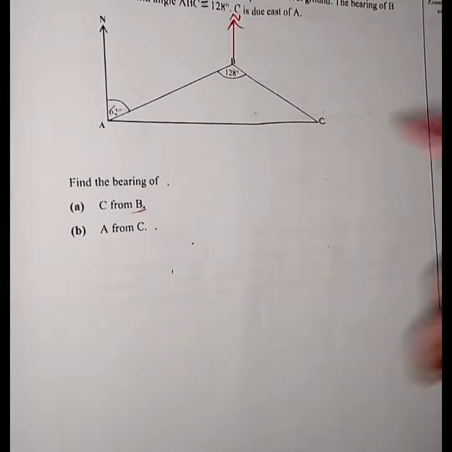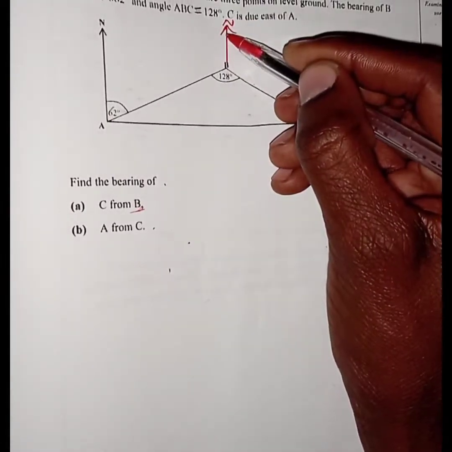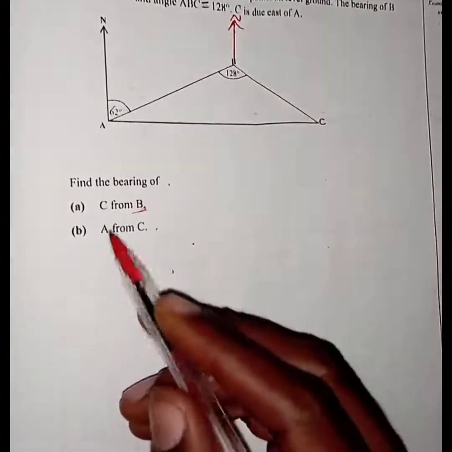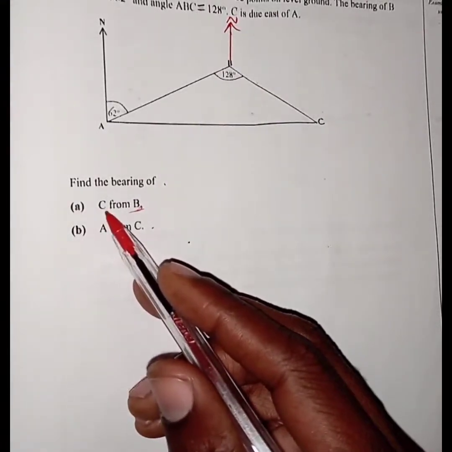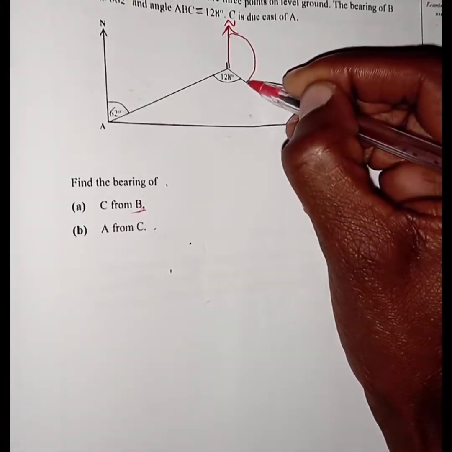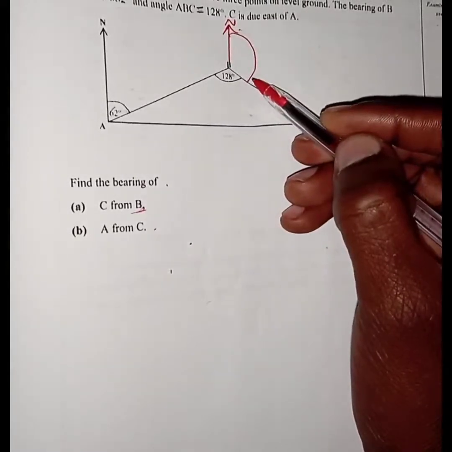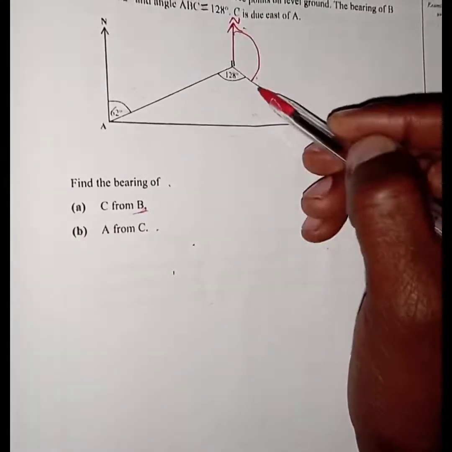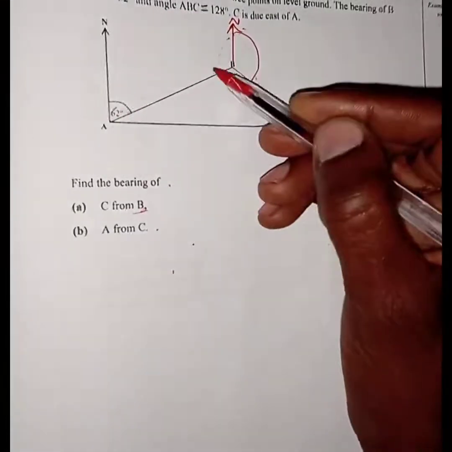Then you move in a clockwise direction until you meet the line coming from C. So we need to know this angle, right? For you to know this angle, you have to know this one. Now how do you know this one?